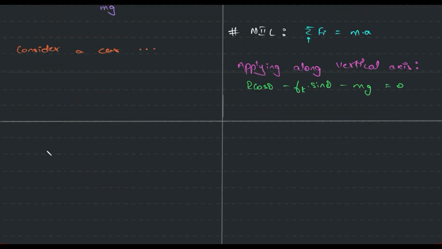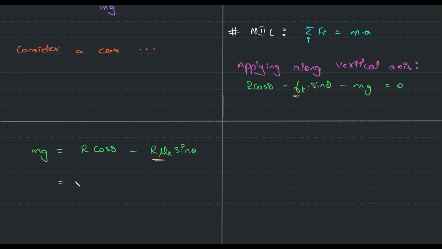Now mg is equal to r cos theta, or no, this is minus, no, that is minus, this is proper. Fk is r mu k sin theta. I'm substituting for Fk.